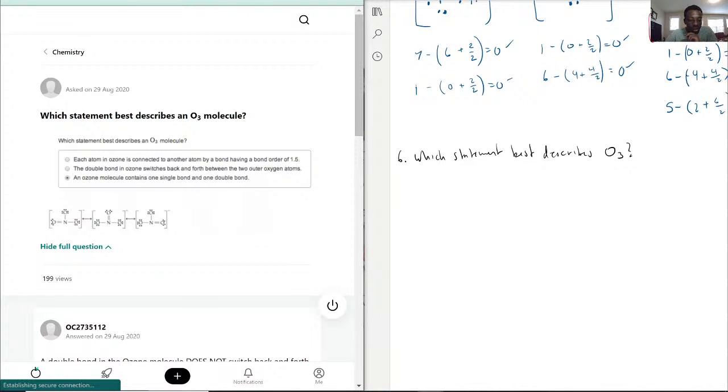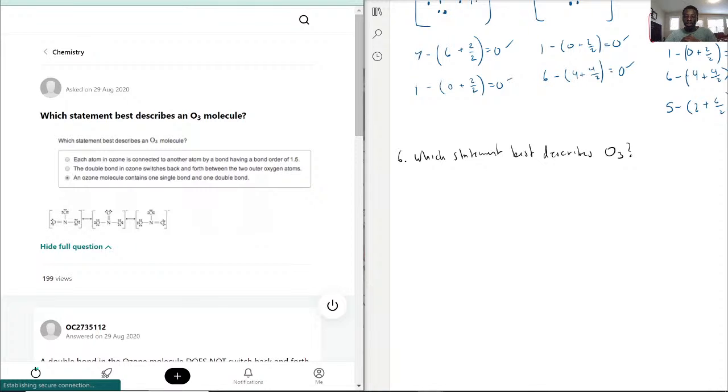Each atom in ozone is connected to an atom by a bond having a bond order of 1.5. Wow. The double bond in ozone switches back and forth between the 2 outer oxygen atoms. An ozone molecule contains 1 single bond and 1 double bond.